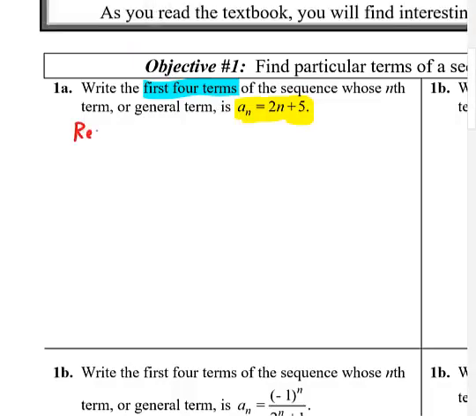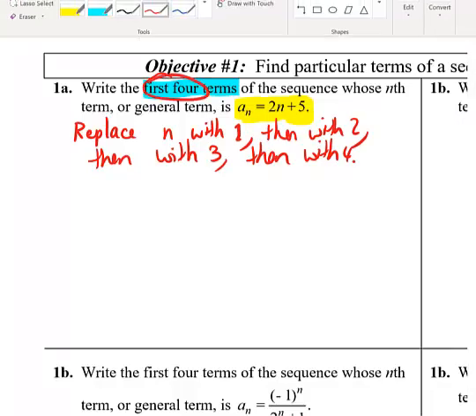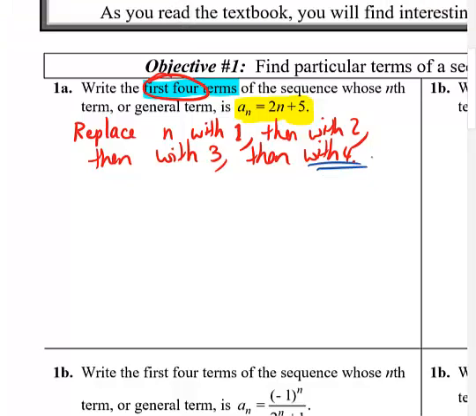That's pretty much all that means. Replace n with 1, then with 2, then with 3, then with 4. This time they said the first 4 terms, but depending on how many terms they want, you're going to stop at that value. In this case, it's 4.